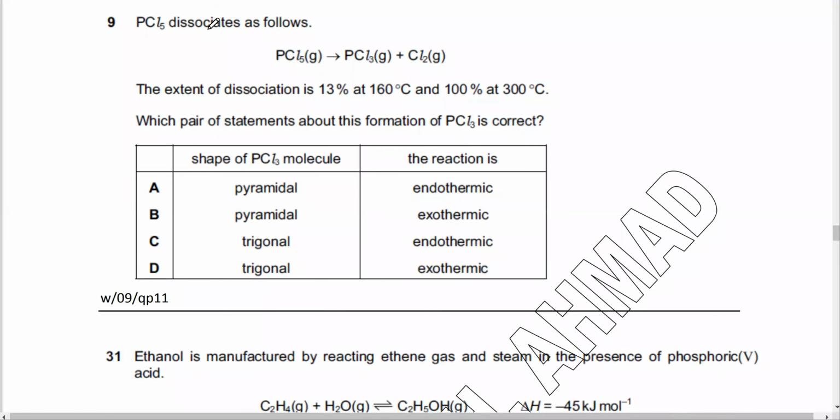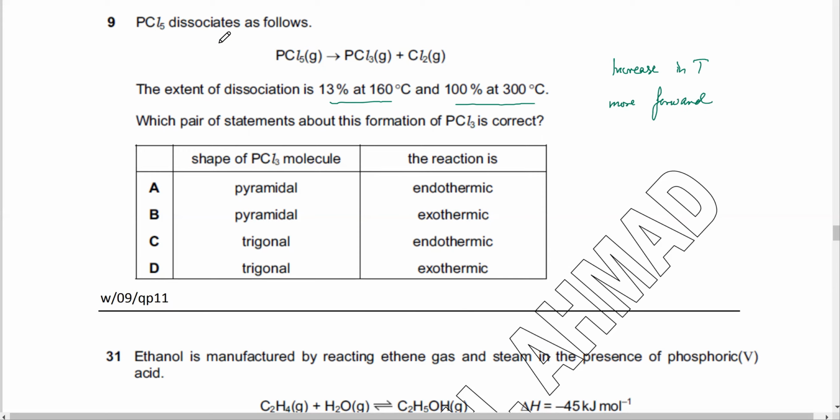Now, this question states that PCl5 decomposes, and it's decomposing 13% at 160, and it's 100% at 300. So temperature increases. Increase in temperature, more forward reaction happens.